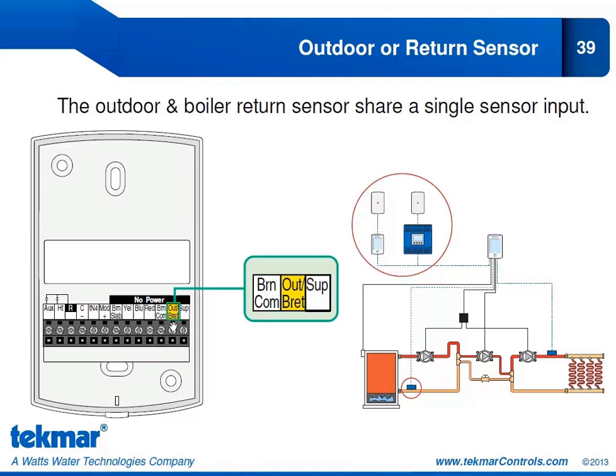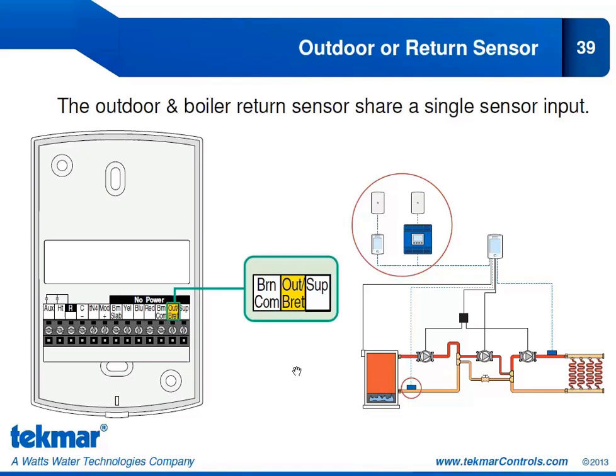We can either connect to an outdoor sensor or a boiler return sensor, but not both. So in applications like what we've shown here, where we do want boiler return protection, we have this boiler return sensor connected to the 654. What that means is we can no longer connect the outdoor sensor to this 654.